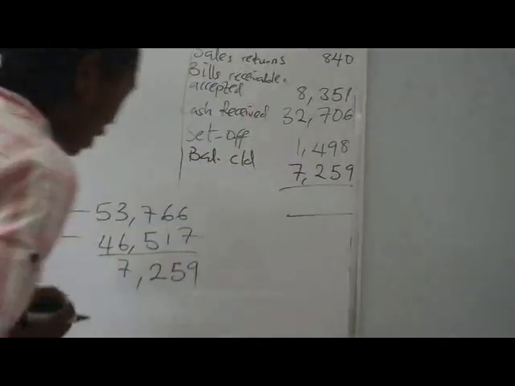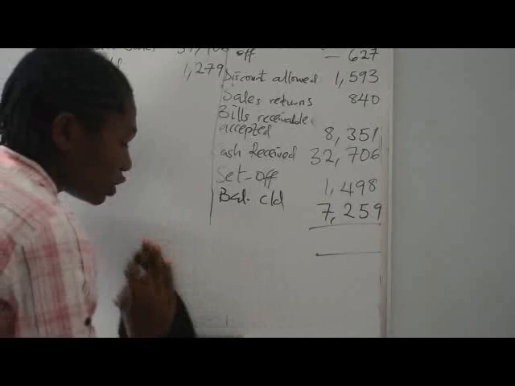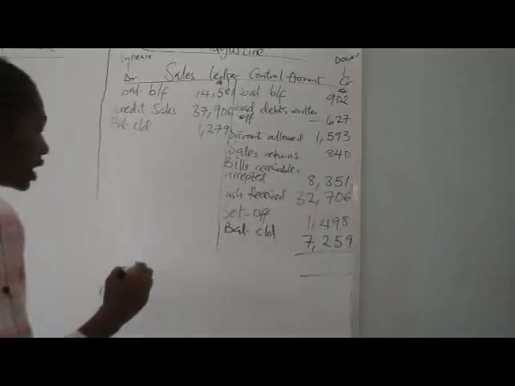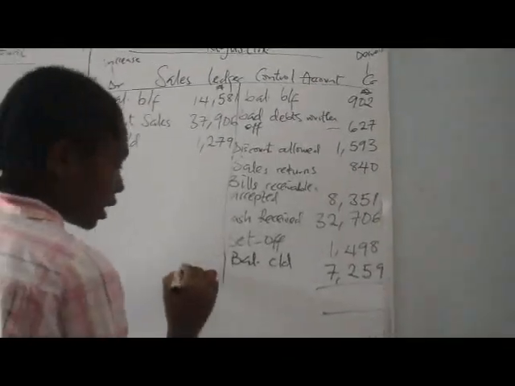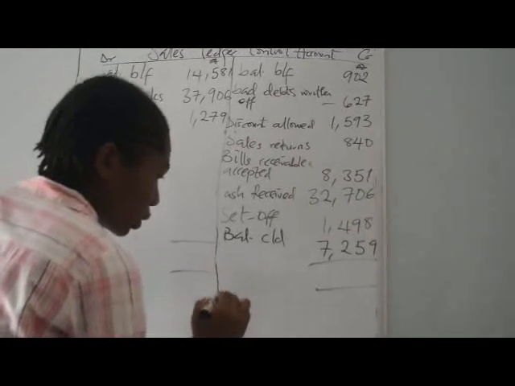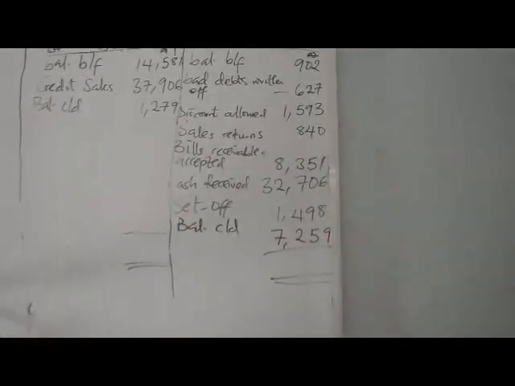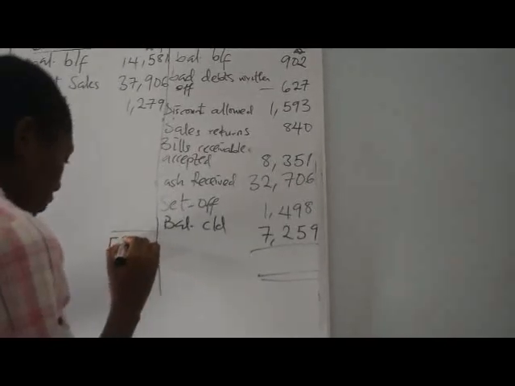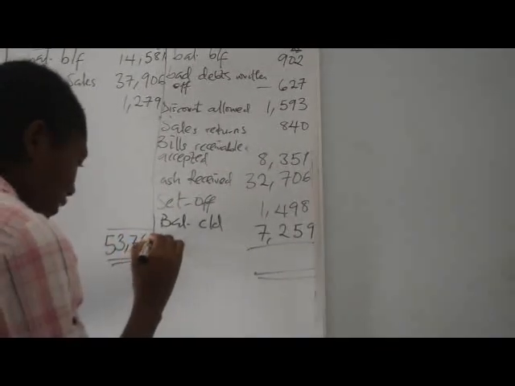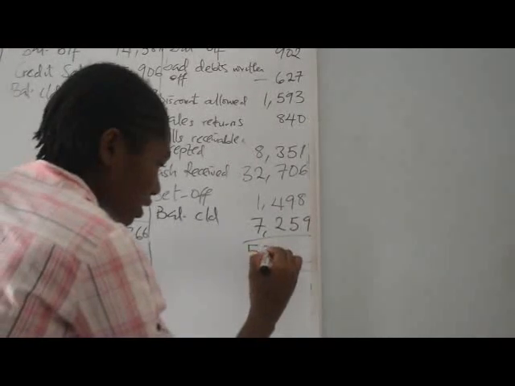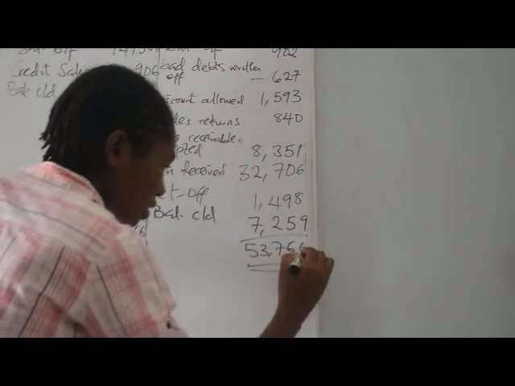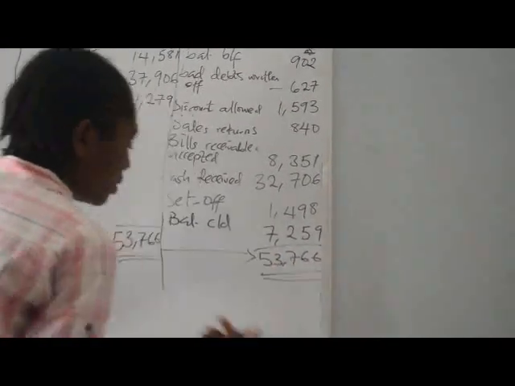So that if we balance this account, the total figures will be the same, alright? So we'll be balancing our account now. I want to make my answers on similar lines, alright? So we'll total this up, we'll be having 53,766 naira, alright? Should be on the same line.